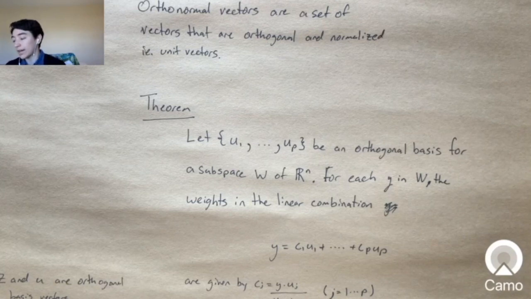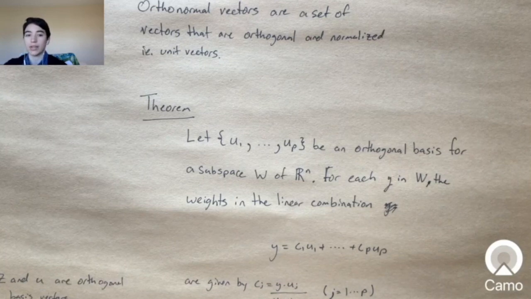For each y in W, so for each vector, each point in W, the weights in the linear combination describing that vector, so y is equal to the linear combination of u1 through up given some weights, are defined by Cj is equal to y times uj over uj times uj.